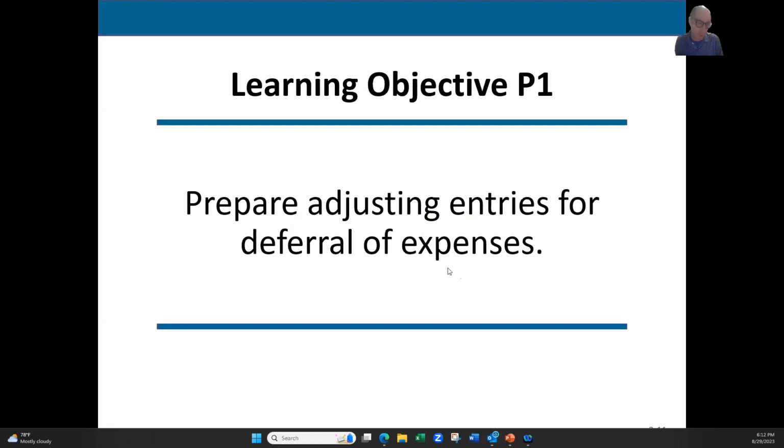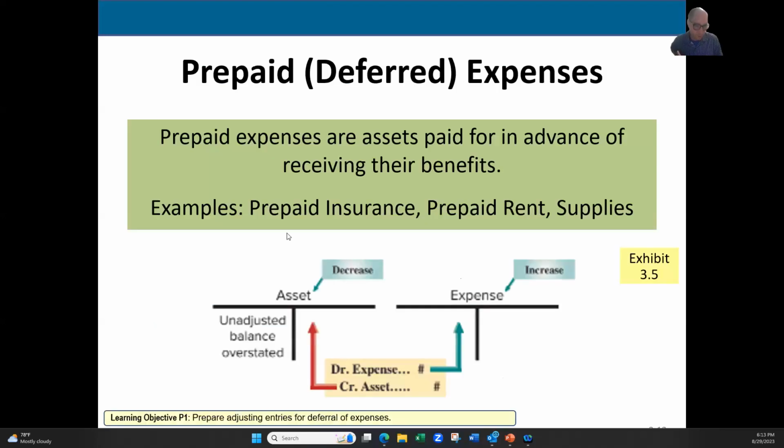So let's walk through a deferral of expenses adjusting entry. Deferral of expenses. Okay, here we have a prepaid expense. Prepaid insurance, prepaid rent, prepaid supplies, I guess. We refer to these as prepaid or deferred expenses.